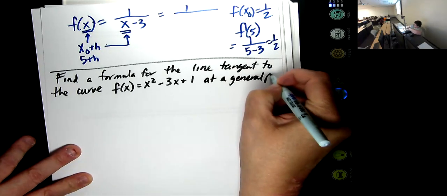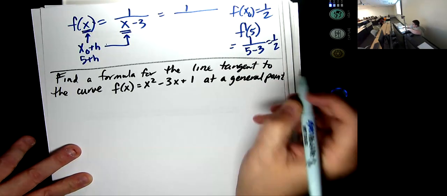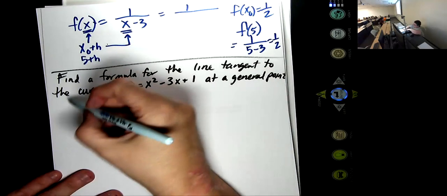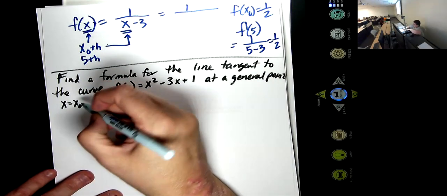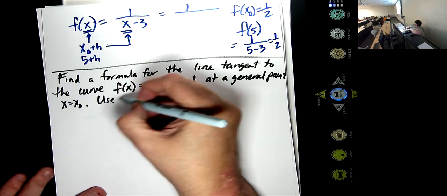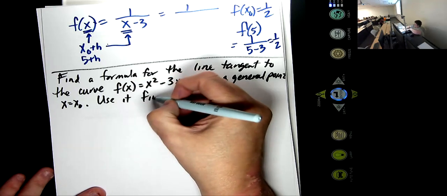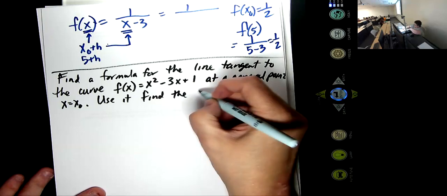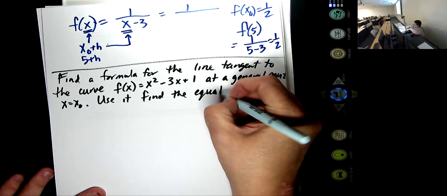This is the better way. And then we're going to use it to find the equation at (1, -1).